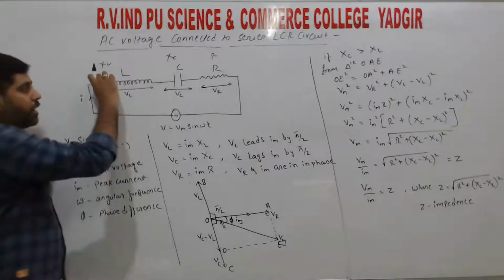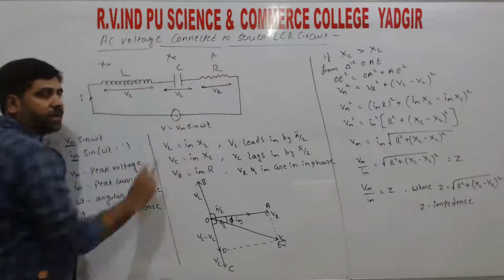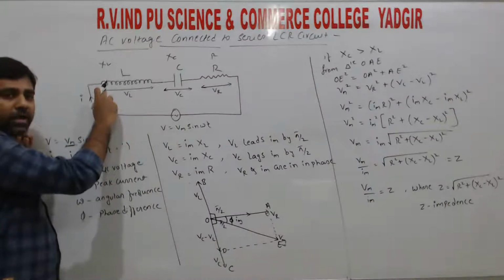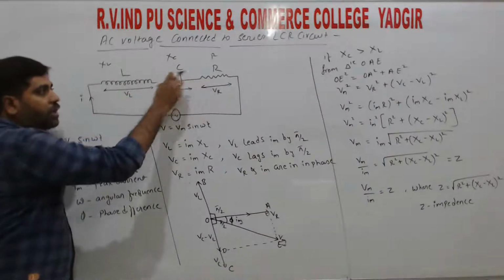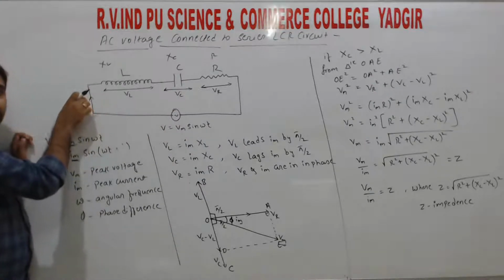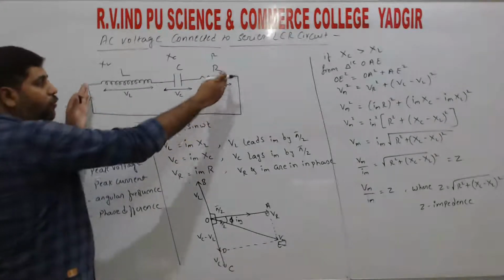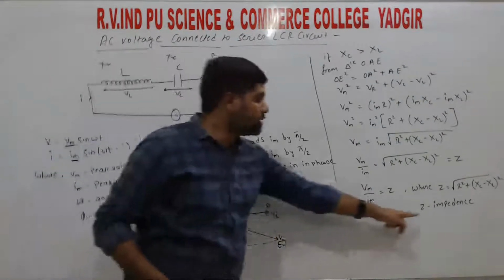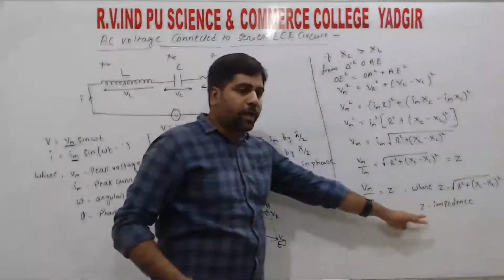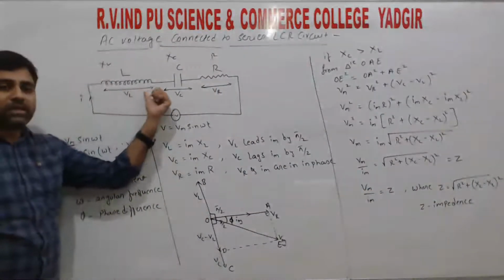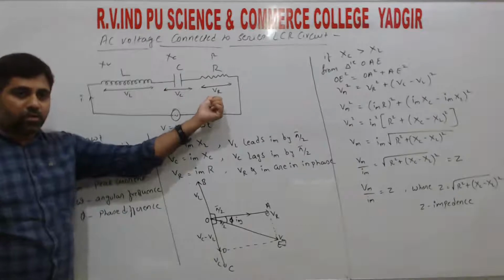So now, if all these three are connected to an AC source, there is a flow of current through all these three components. It opposes the flow of current, right? So there is a resistance which is formed by all these three components. That resistance we call the impedance. So impedance is nothing but the resistance which opposes the flow of current in the series LCR circuit, right?